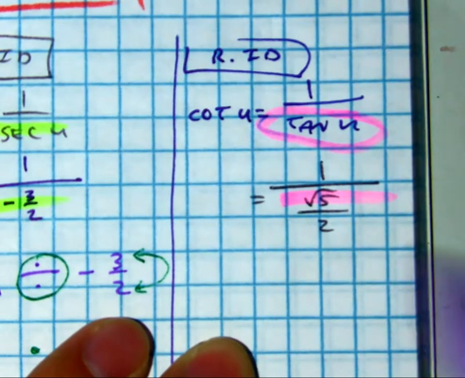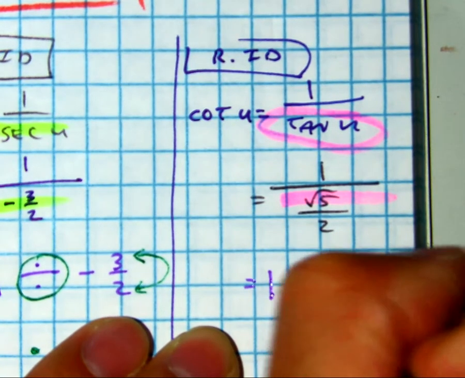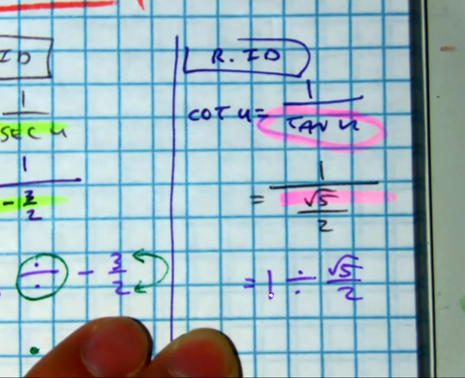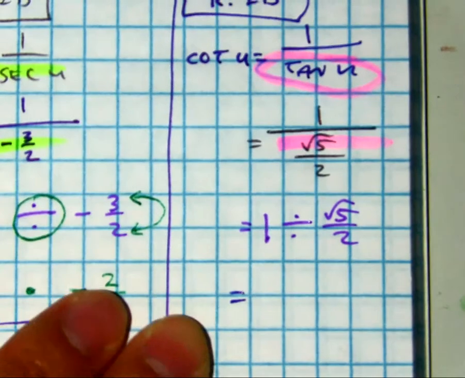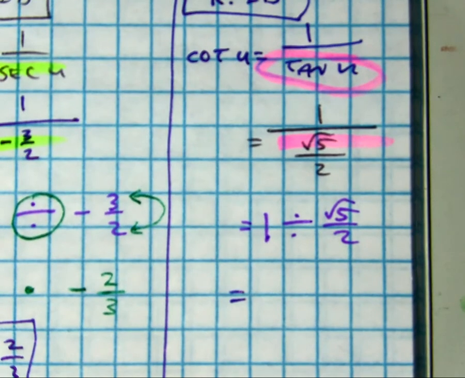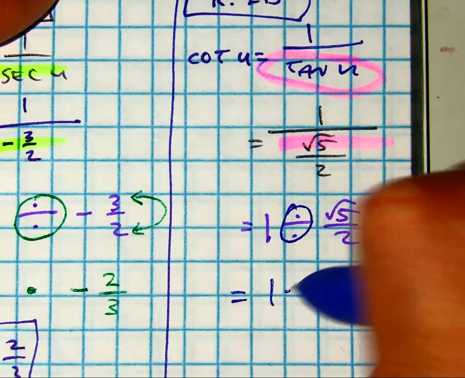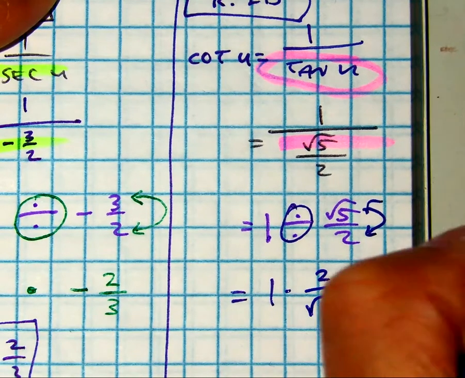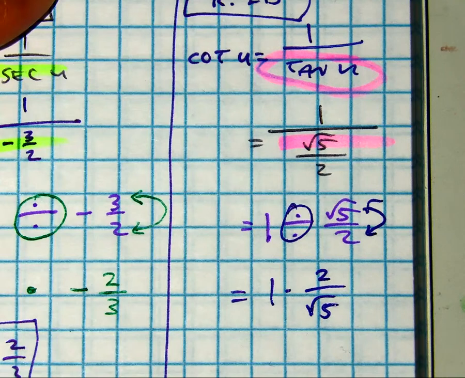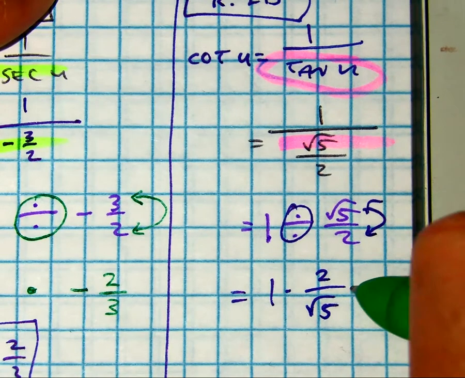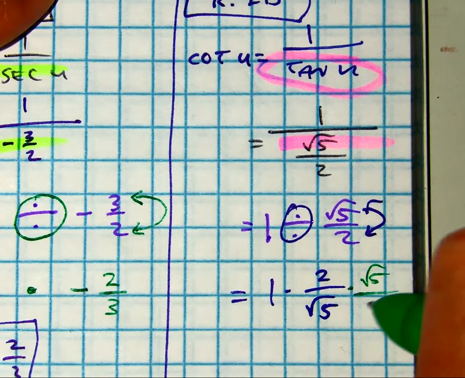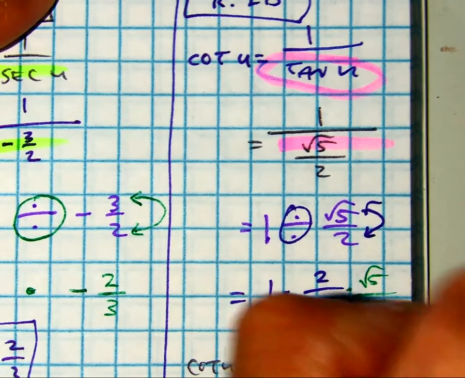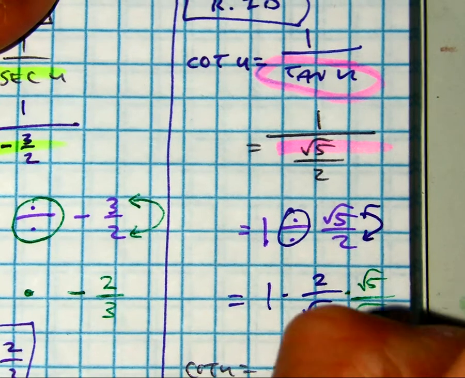I'm going to turn that sideways. 1 divided by radical 5 over 2. That'll turn into multiplication. You take the reciprocal here. I'm going to rationalize. So cotangent u equals 2 radical 5 over 5.